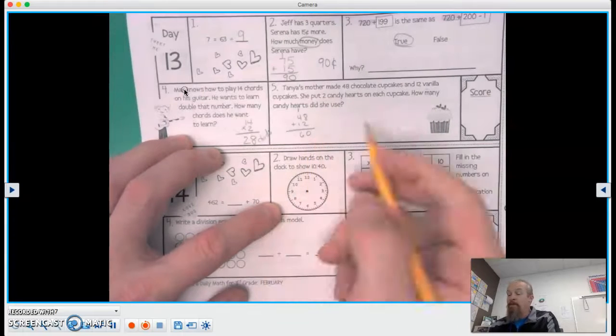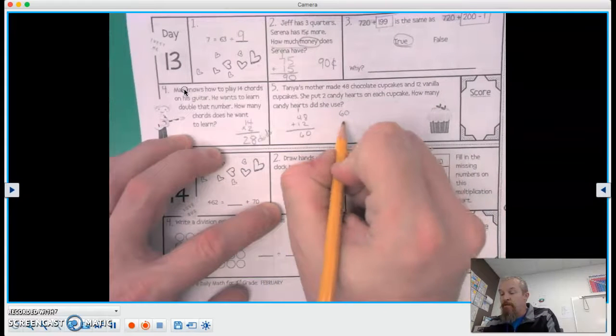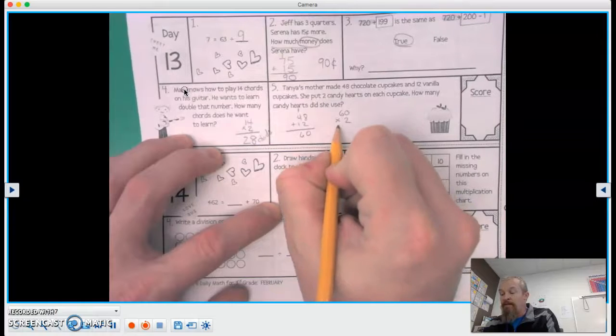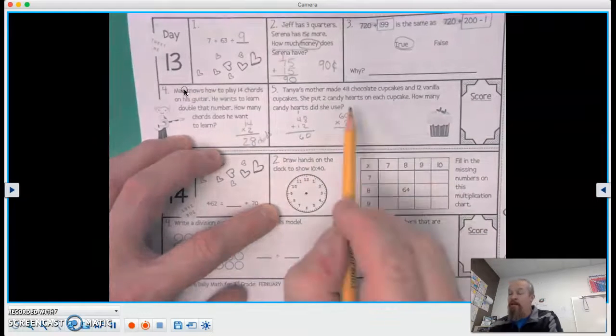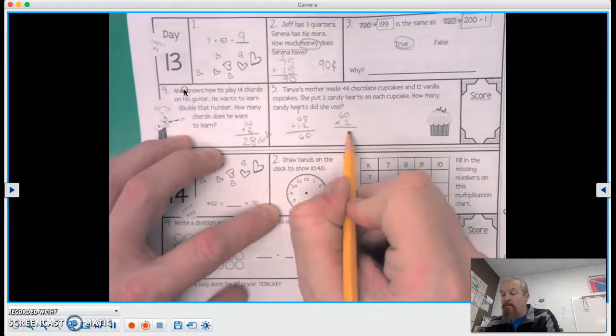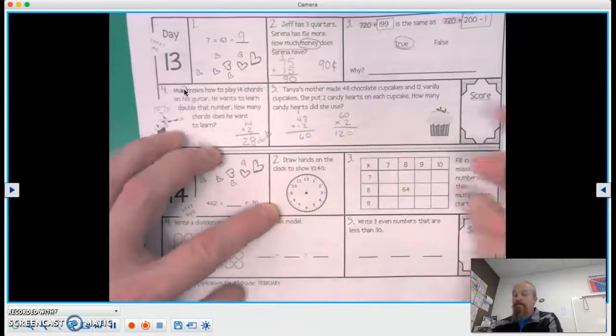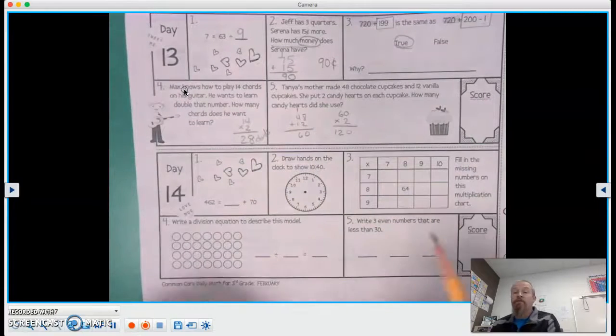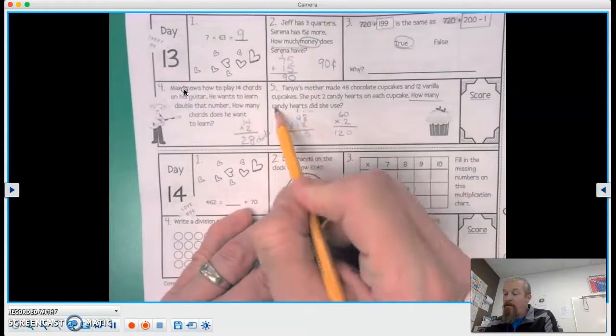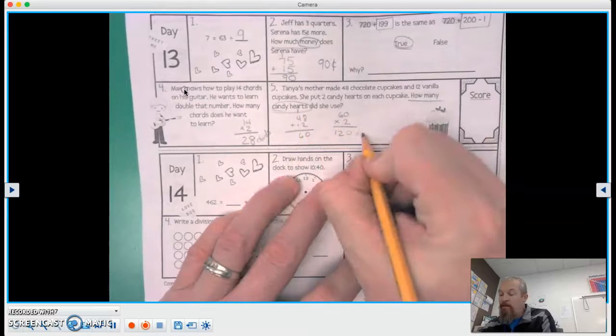Now there's 60 cupcakes with 2 candy hearts on each cupcake. 6 tens, 2 times 6 is 12, so 120 candy hearts.